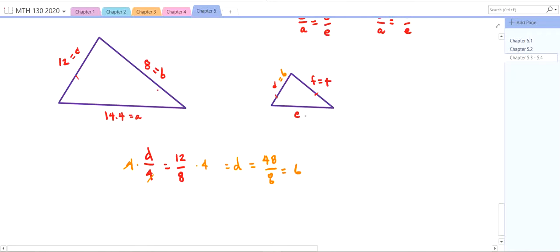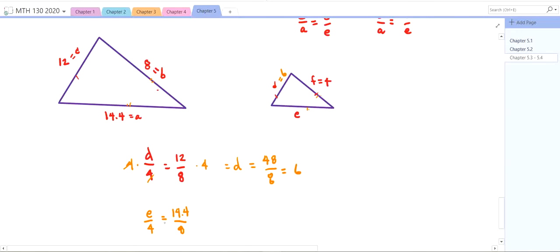So if I want to figure out what E equals, we can do the same thing, E over 4. I could go E over 6, but I'm going to go E over 4 again. E over 4 equals 14.4 this time over 8, because now I have to choose this side over 8 to match with this side over 4.